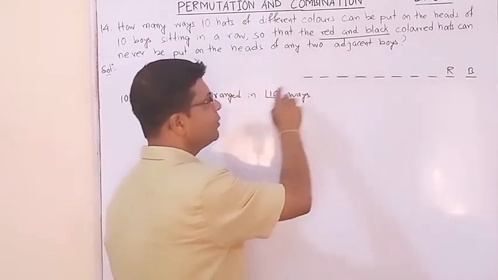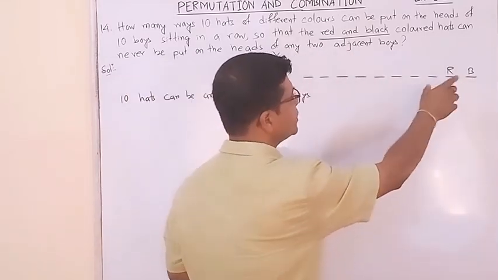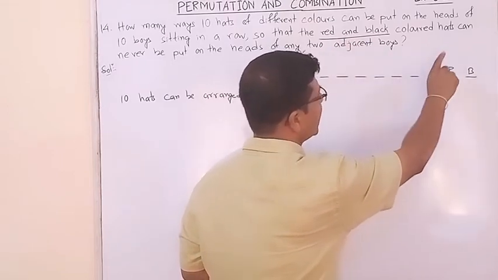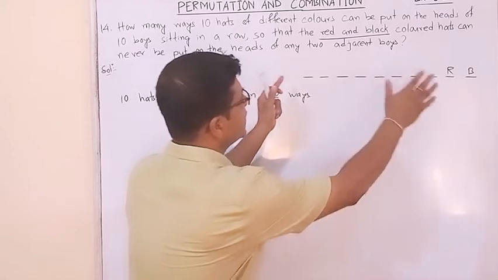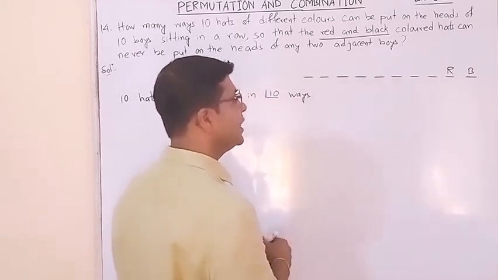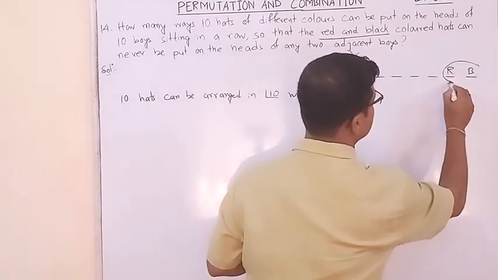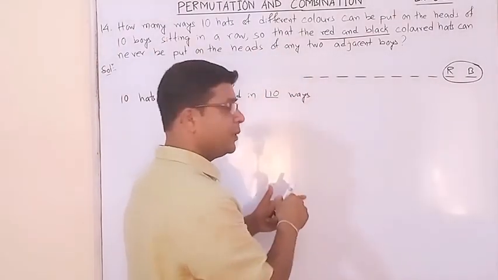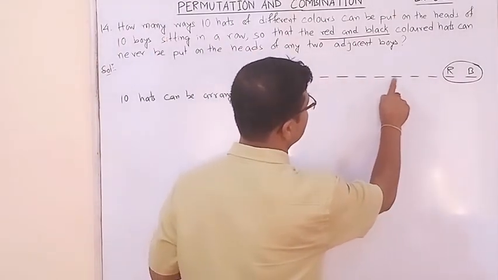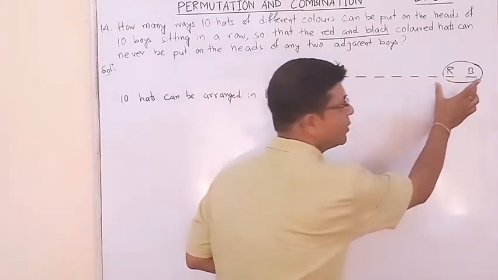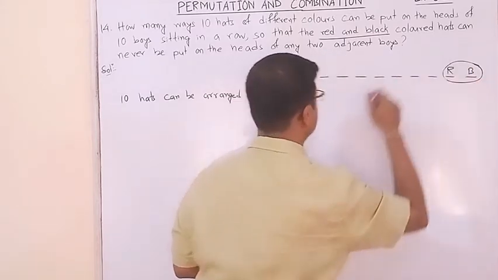Then from the total we shall subtract this arrangement. So if red and black colored hats are together, then how many ways can this arrangement be done? Let us count. They are together, mind it please, they are together. Okay, so how many arrangements can we make? You see, let us count. 1 2 3 4 5 6 7 8 9, because they are together.